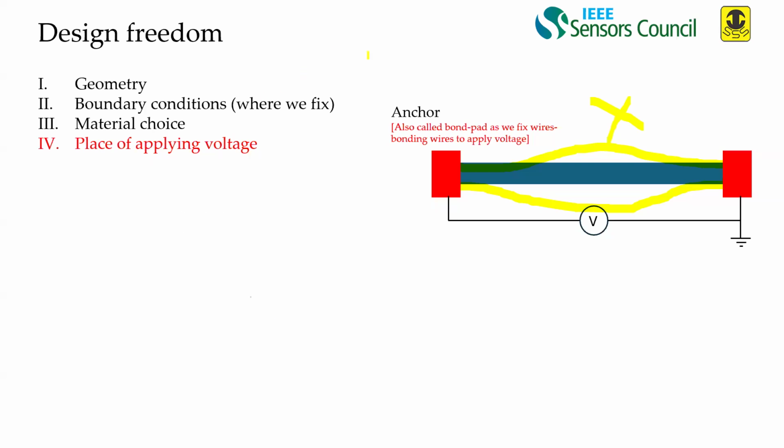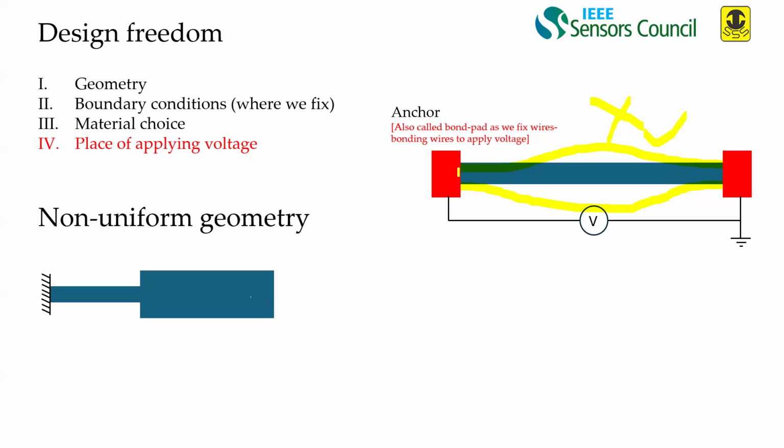As I already mentioned, the place of applying voltage matters. With this design we are not sure in what manner it will deform. So what if I make this geometry non-uniform? Instead of taking a single uniform beam, if I take it like this, what will happen?